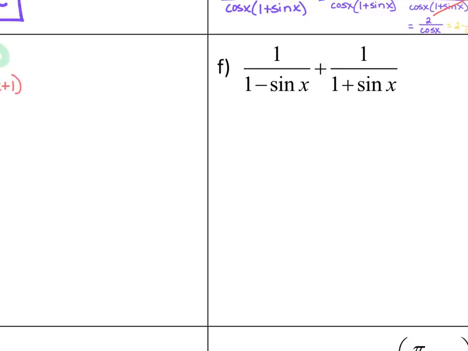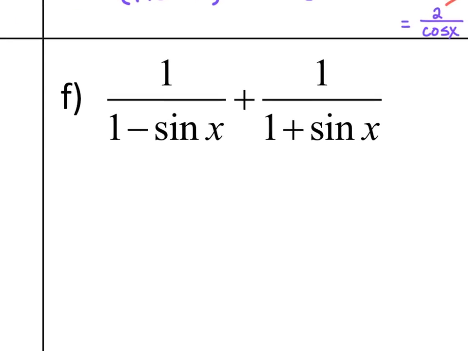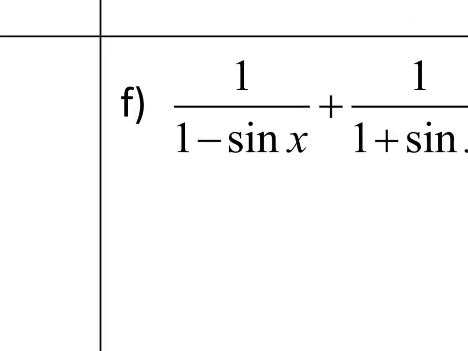Now in letter F, I'm going to start a similar way. In fact, this might be one of those problems where you might want to pause the video and try the problem yourself first, and then check your answer. But I'm going to start by getting common denominators.